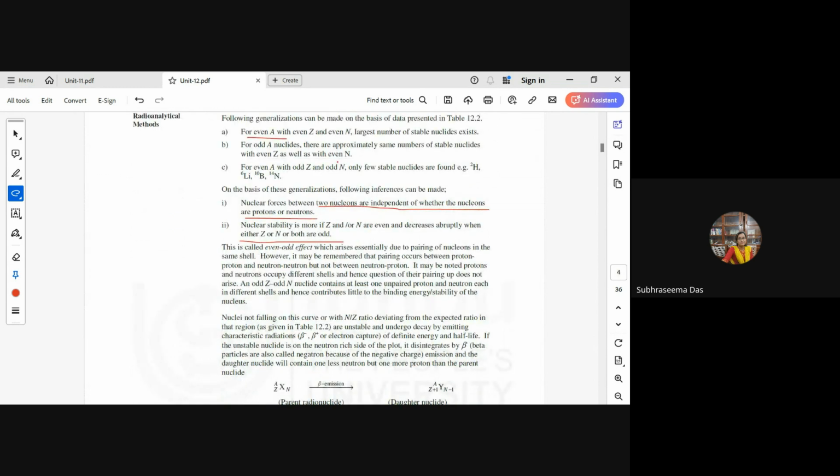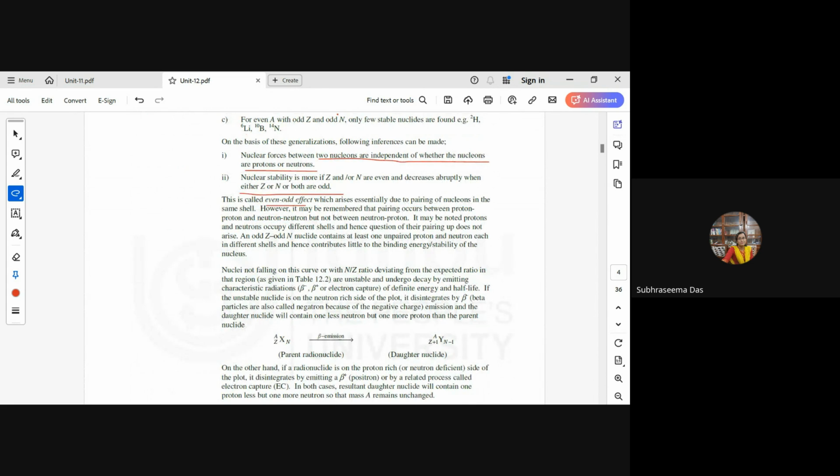This is called the odd-even effect, which arises because of the pairing of nucleons in the same shell. However, it should be remembered that the pairing occurs between proton-proton and neutron-neutron, but never between a neutron and a proton. It may also be noted that protons and neutrons occupy different shells, and hence the question of their pairing does not arise.